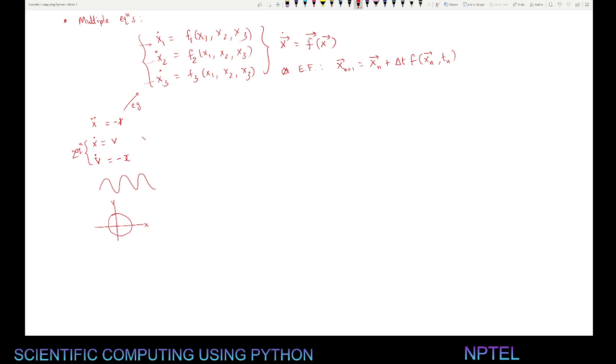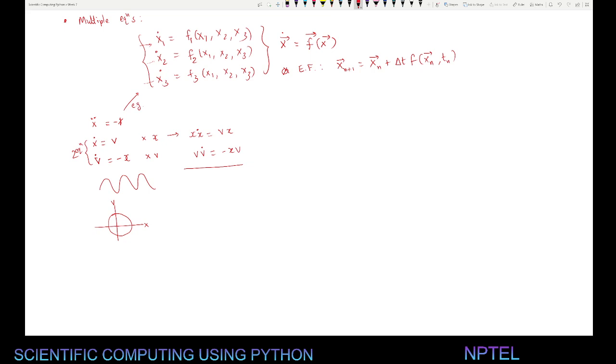Well, you can multiply this by x and multiply this by v. So this is just a trick. If you are doing physics, then these tricks are important. So x dot becomes vx and v dot becomes minus xv.